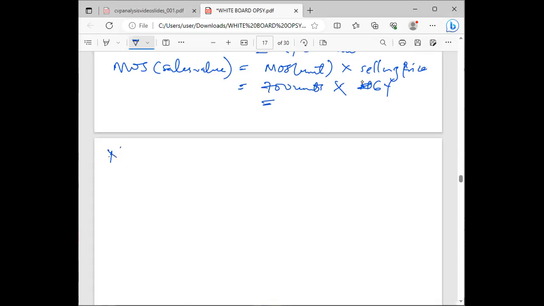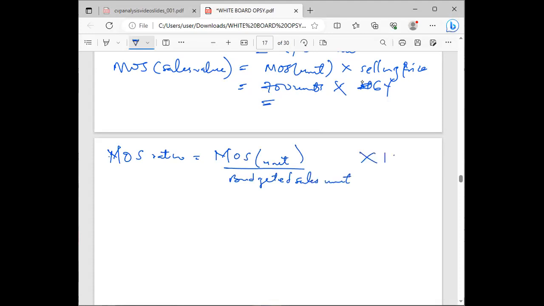Also, in case the examiner requires you to calculate margin of safety ratio, it is given as MOS in units over budgeted sales units times 100, or MOS in sales value over budgeted sales value times 100%. You are not going to calculate that. I'm just giving it to you as an insight.